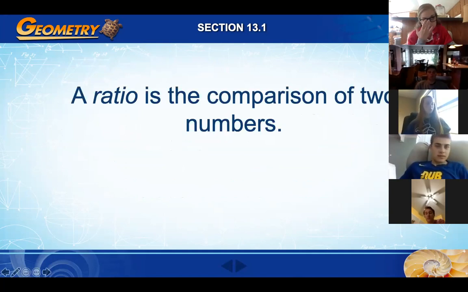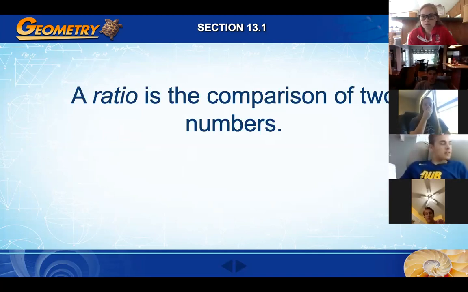A ratio. What's a ratio? Hopefully you're reviewing back from your 6th grade math here. Comparing two numbers. So the comparison of two different things. We can write a ratio as a fraction, or as a number, colon, whatever.